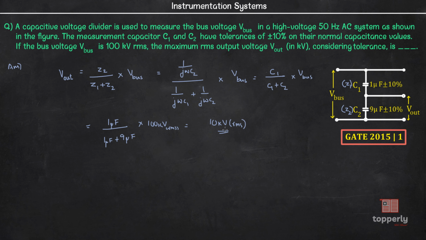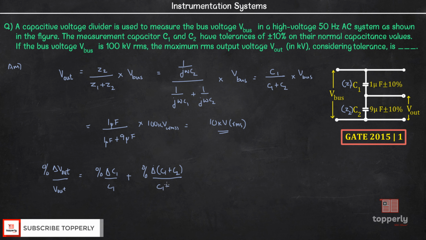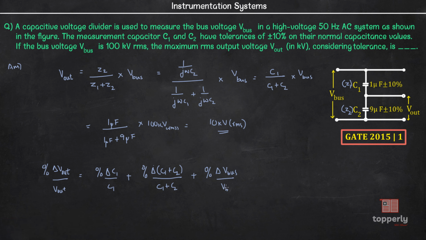Now we need to find the uncertainty in the result. Since this expression has multiplication and division, the total relative error in V out is given by percentage delta V out by V out is equal to percentage delta C1 by C1 plus percentage delta C1 plus C2 by C1 plus C2 plus percentage delta V bus by V bus.